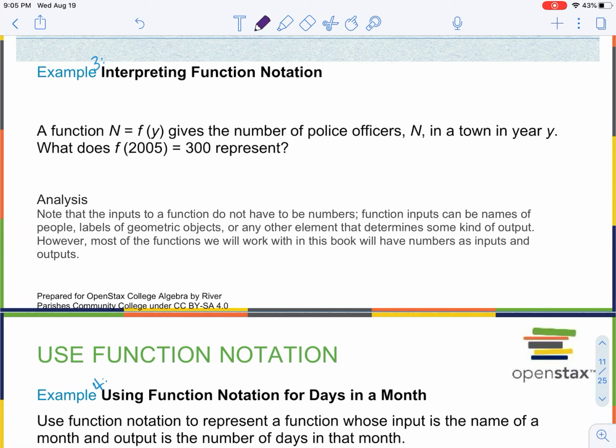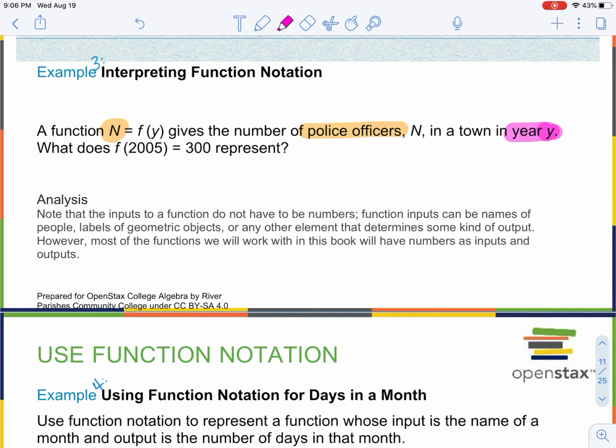So in this case, they're saying n is the number of police officers. y is the year. And that kind of makes sense: n for number, y for year.